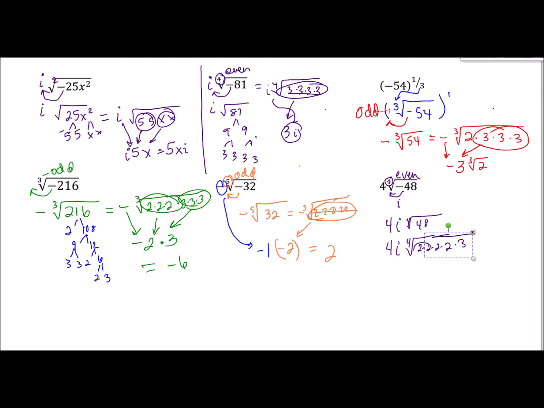Okay, got one group of 4 2s. One makes it out, the rest die. The 3 is left in jail. And you've got this 4i. And you multiply just like a variable. You're going to multiply your numbers outside and put the variable right after it. That's it.